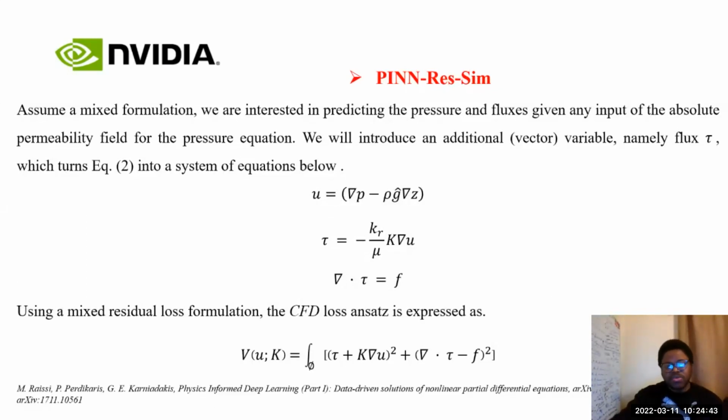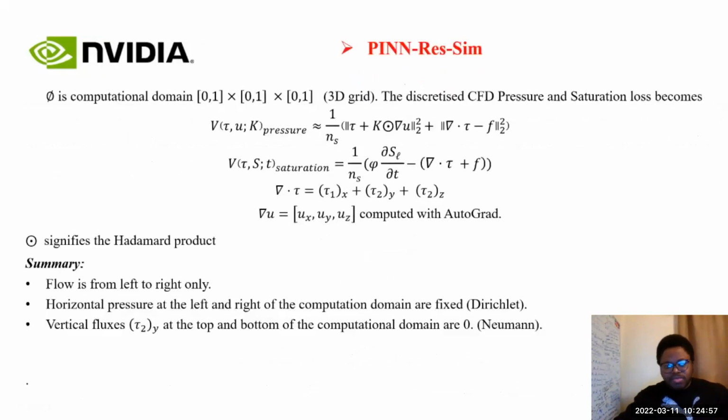So the potential is equal to the nabla of the pressure, the flux is given by this expression here, and then the nabla of the flux is equal to F. Using the mixed residual loss function, we see that the pressure CFD loss is given by the L2 norm of the sum of the flux and the Hadamard product of the permeability with the nabla of the potential.